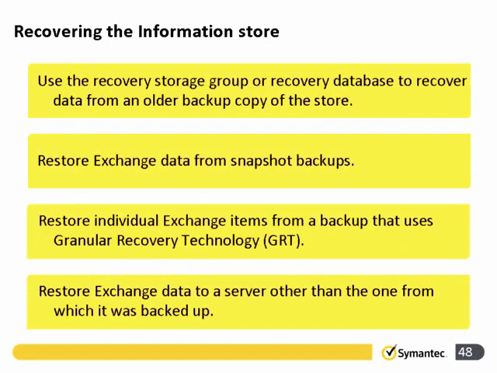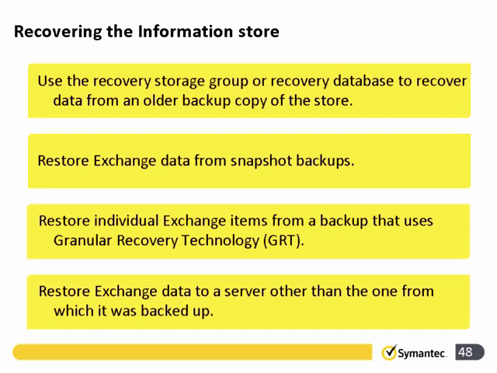When you are recovering the information store, you can use a recovery storage group or recovery database if you want to recover from an older copy. Exchange allows you to restore from snapshots, so it allows you to revert the database to a snapshot.